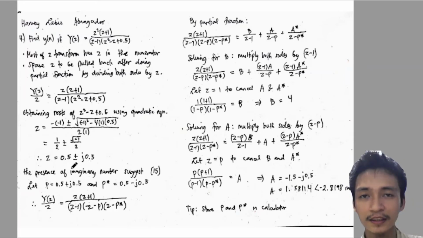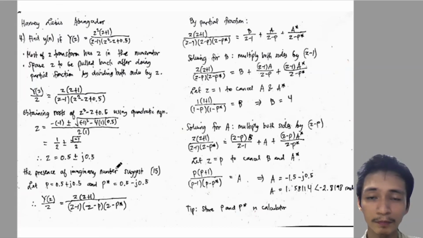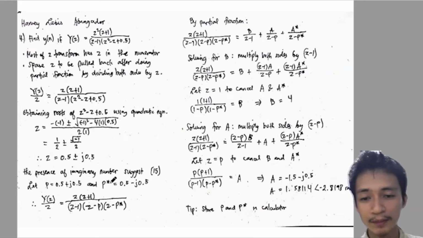The presence of imaginary numbers suggests number 15, because if you look at the table, number 15 involves the imaginary number. Based on that formula, we let p equal 0.5 plus j0.5 and its conjugate p conjugate equal 0.5 minus j0.5.